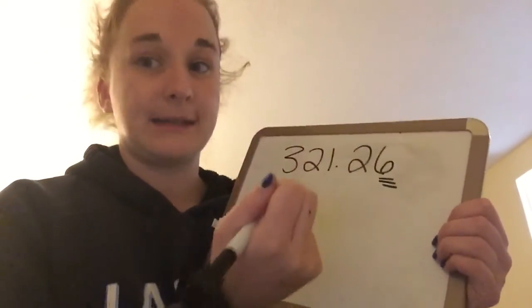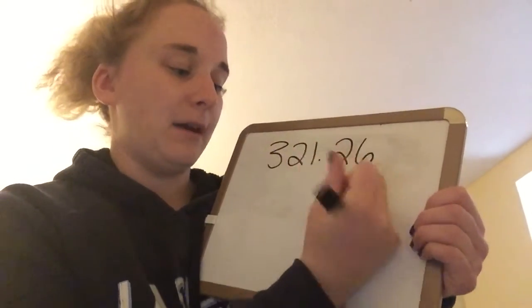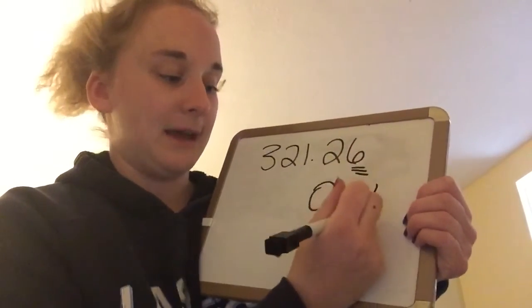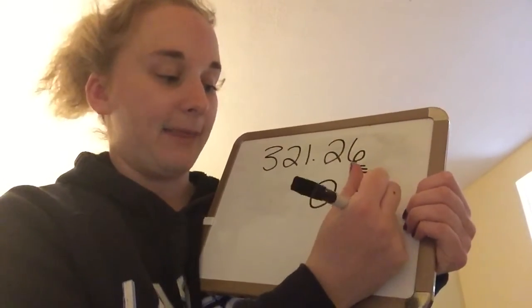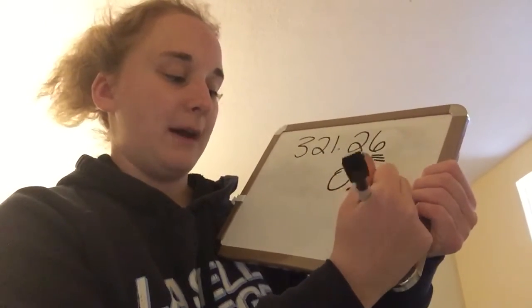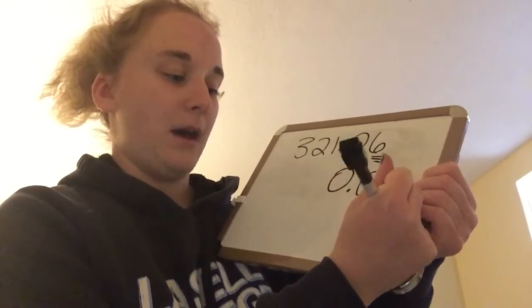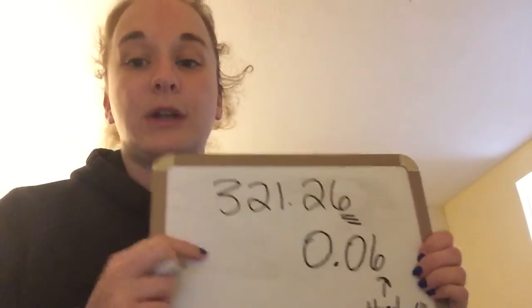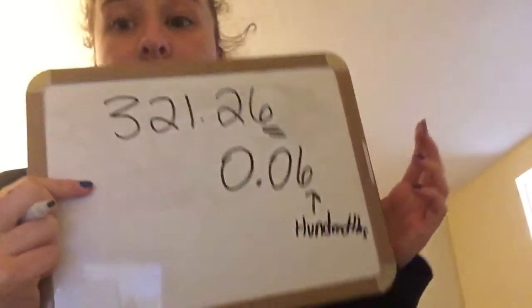To write 6 hundredths, I'm going to write 0, write my decimal, and then 0, 6, because if I read this, I look at the 6, it's my last spot after my decimal, which is 2 spots, and it is in the hundredths place. Okay? That's what you're going to be asked to do today.